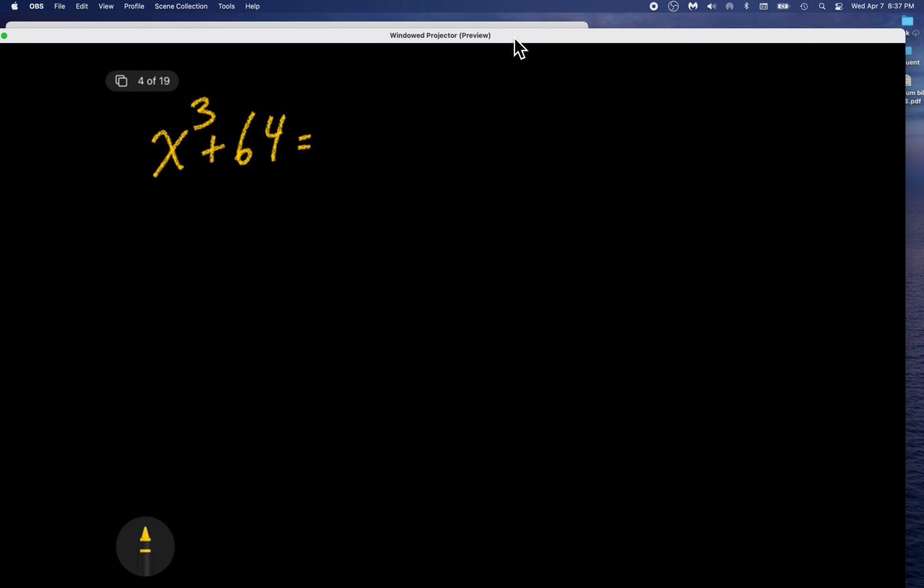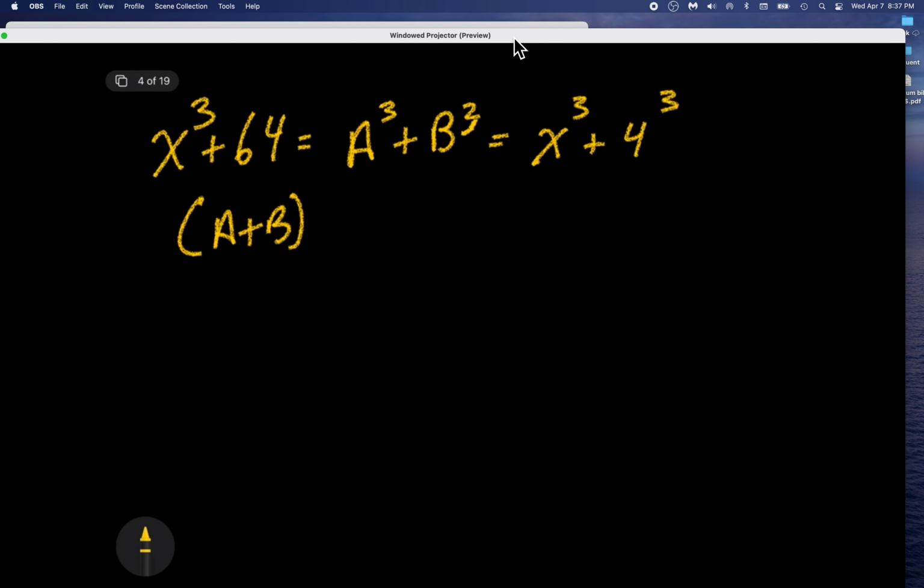The first thing you need to recognize, ladies and gentlemen, is that this is the sum of two perfect cubes. Namely, this is x cubed plus 4 cubed. And we have a formula for that. It turns out that a cubed plus b cubed can be written as a plus b times a squared minus ab plus b squared.